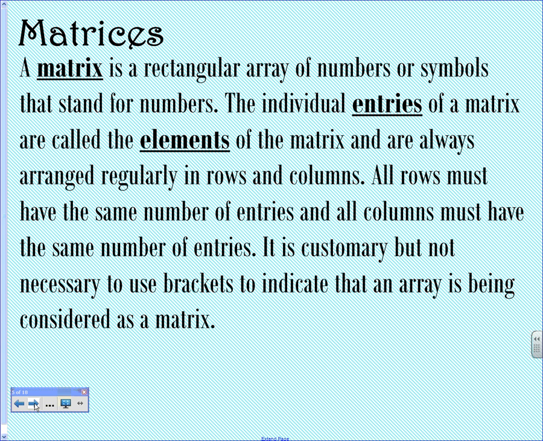It is customary, but it's not required, to use brackets to indicate that an array is a matrix. So usually matrices have brackets, but they don't always. And the brackets that they use look like that.